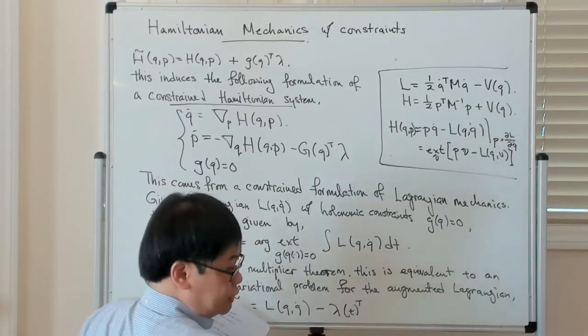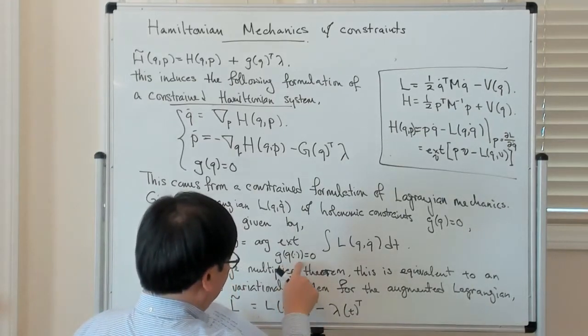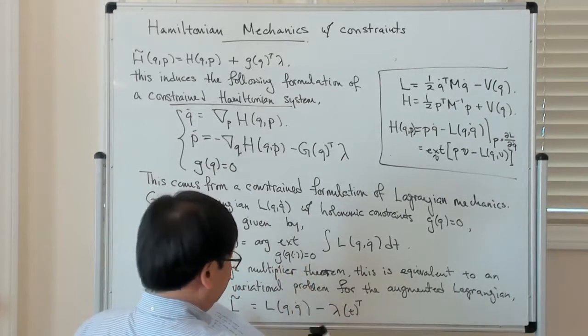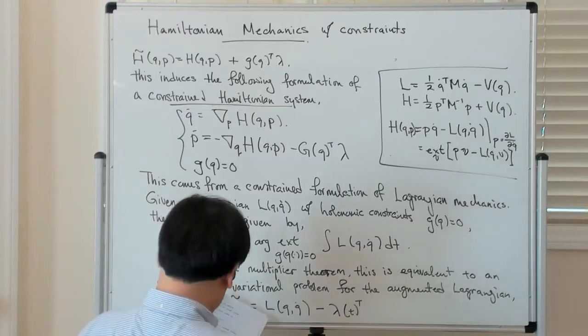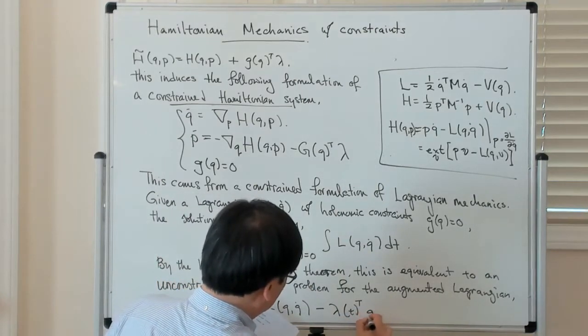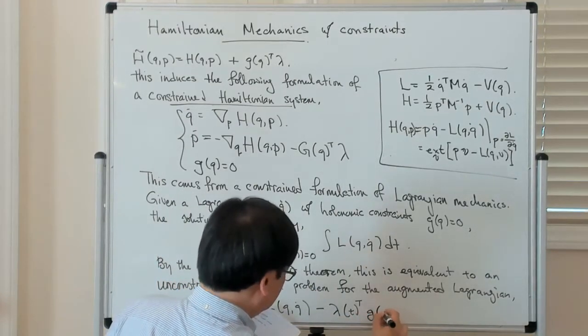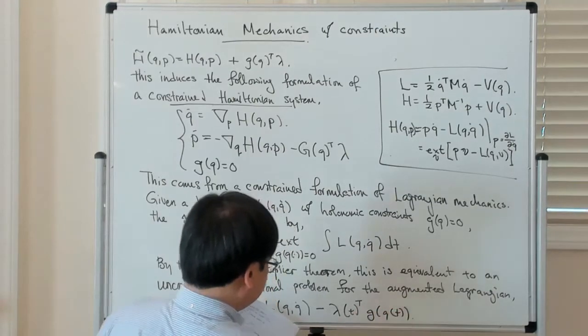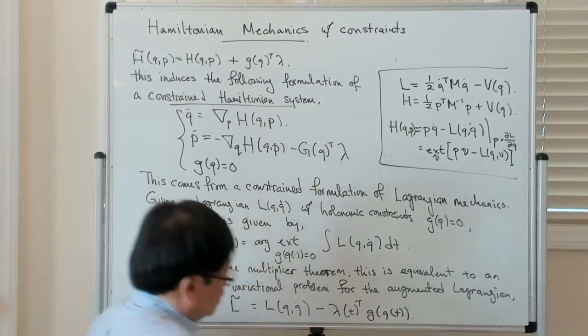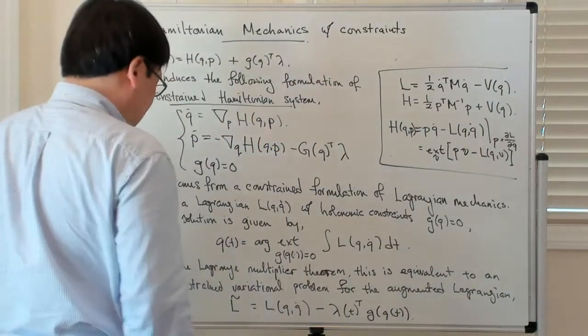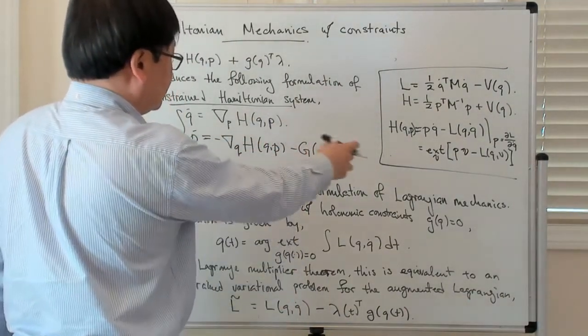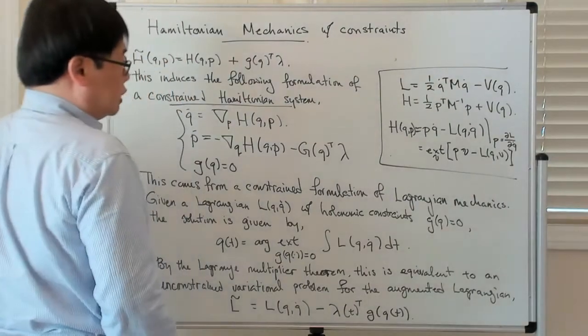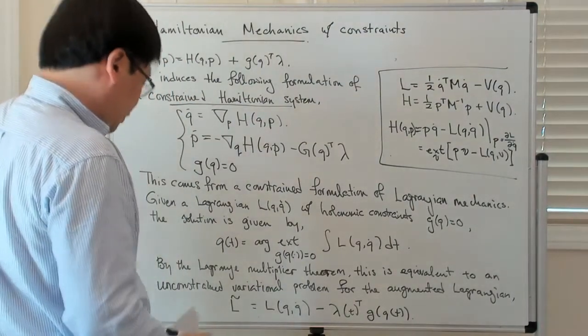The reason, of course, is that you need to constrain q at every time, so there's a multiplier which depends on time as well, and then g of q of t. Once you have that augmented Lagrangian, you can then do the Legendre transform to get the augmented Hamiltonian.